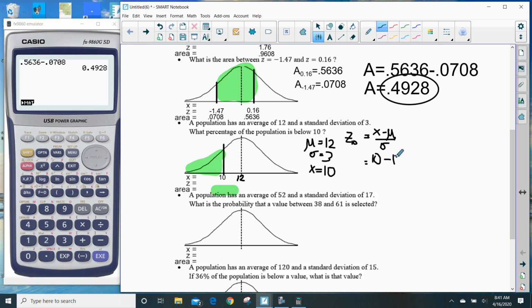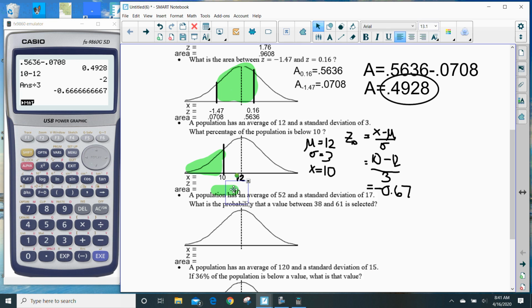Sorry, let me finish this. X minus mu divided by sigma, negative 0.67, because the z-table is only able to handle decimals of 2 decimal places. So negative 0.67 is the z-score.